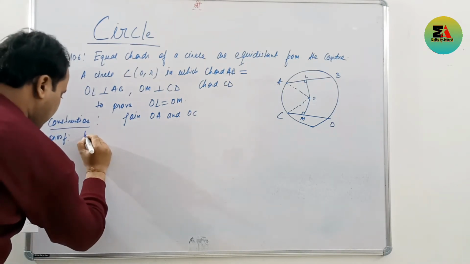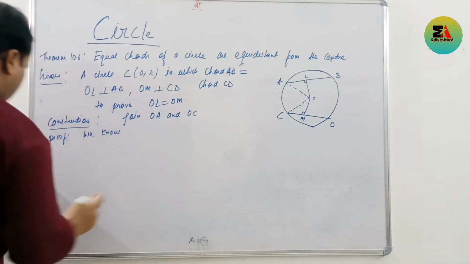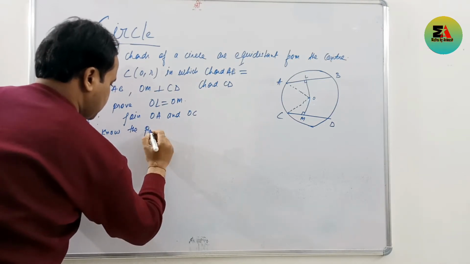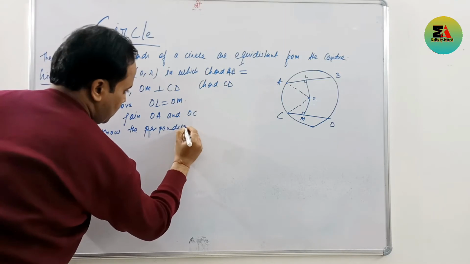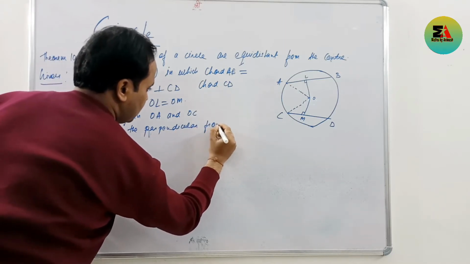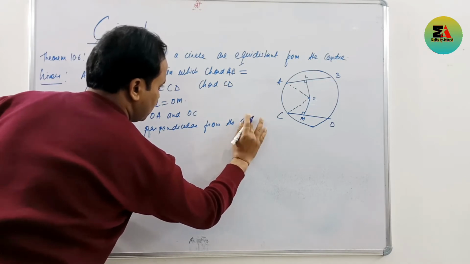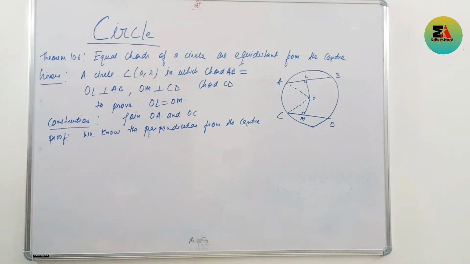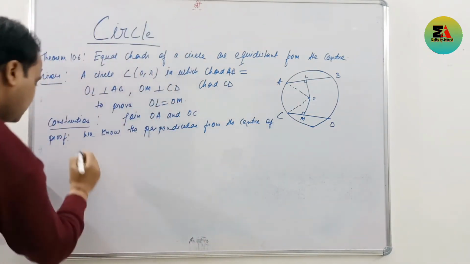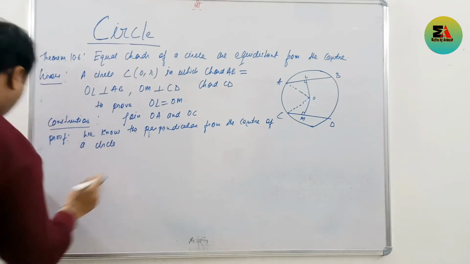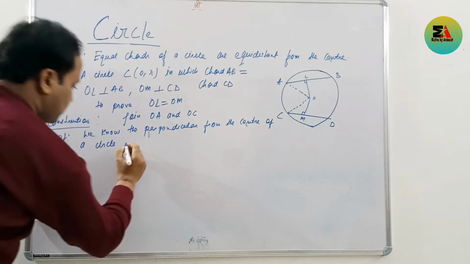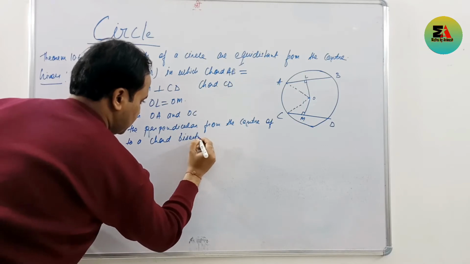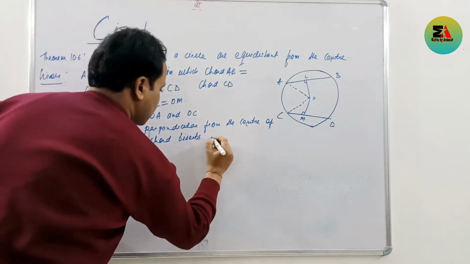And we know that the perpendicular from the center of a circle to a chord bisects the chord.